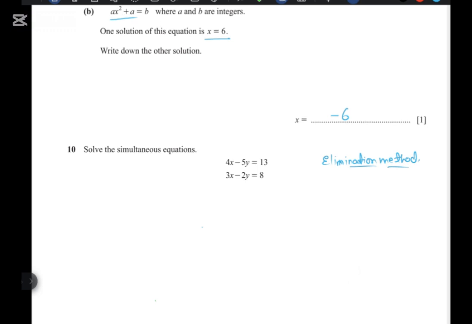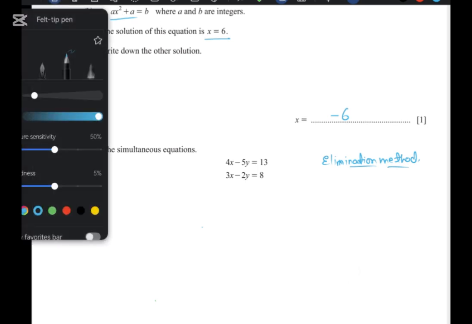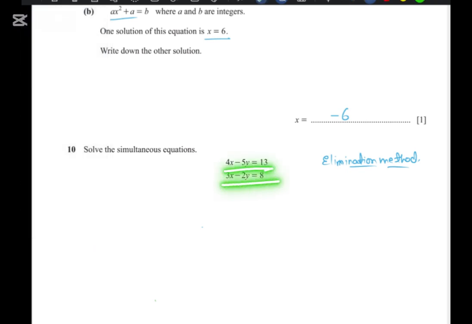So 4x minus 5y is equal to 13 and 3x minus 2y is equal to 8. These are the two equations. So to eliminate one of the variables, we have to make the variable coefficients equal. If I take the coefficients of x, 4 and 3, and multiply with the same numbers, like 4 by 3 I get 12 and 3 by 4 I get 12.